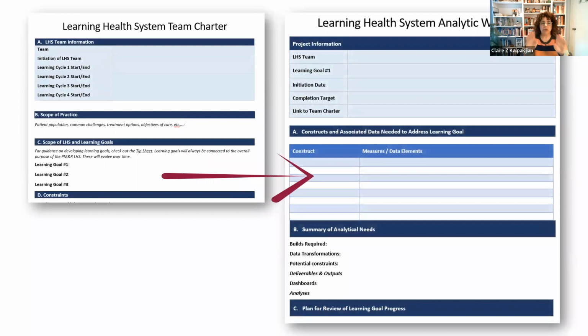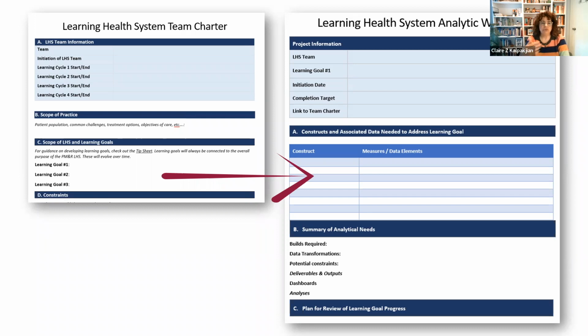And this is expressly connected to the charter, and this connects all the nitty-gritty detail of each learning goal on the left in the charter, connects to a table that, again, has constructs and measures. So this is where all the information, the data inputs for each learning goal is articulated. And again, we have it open, we have a conversation, we start documenting it.